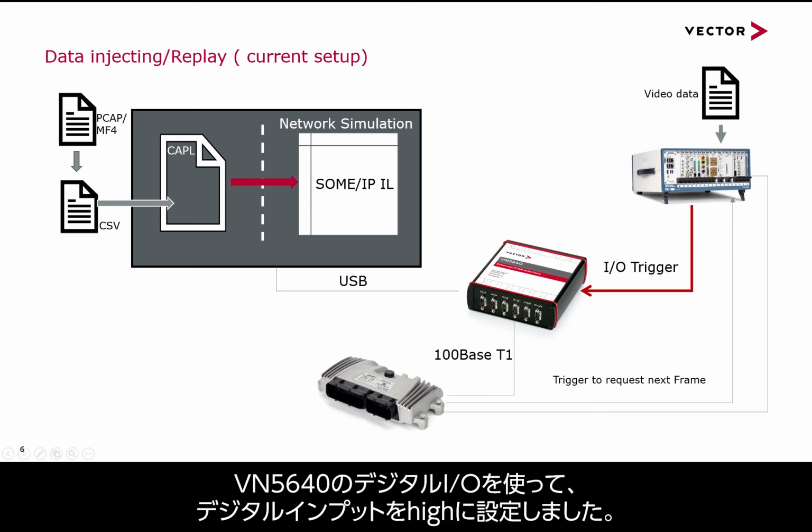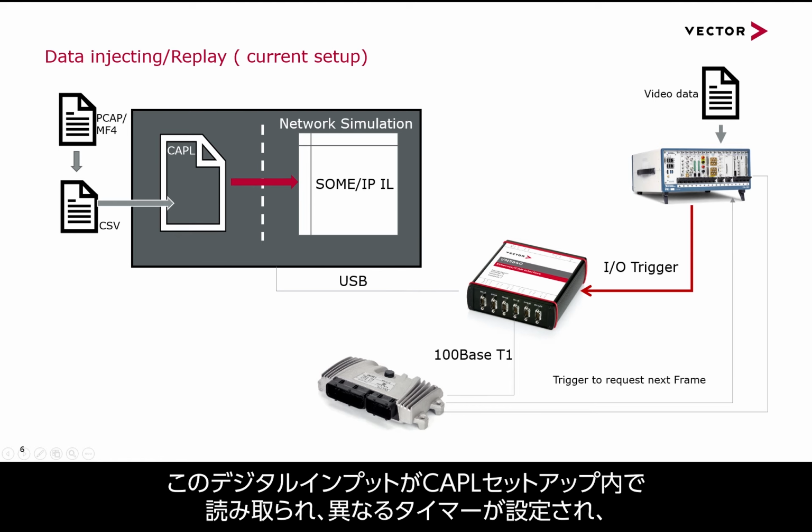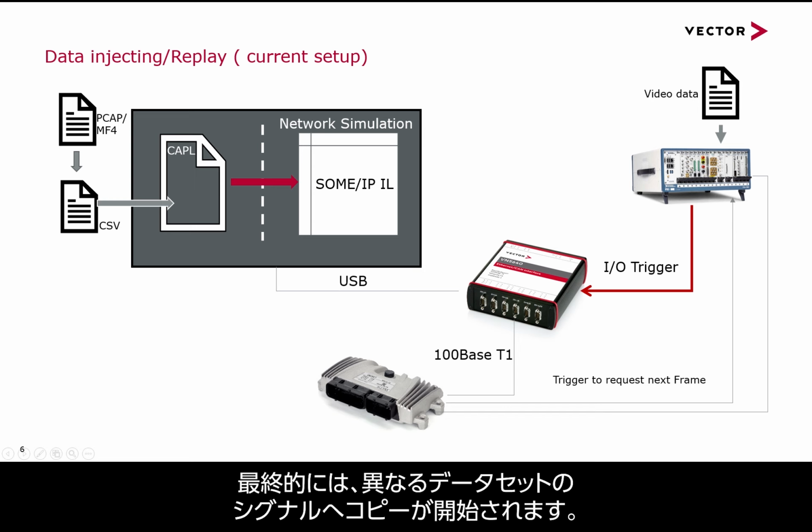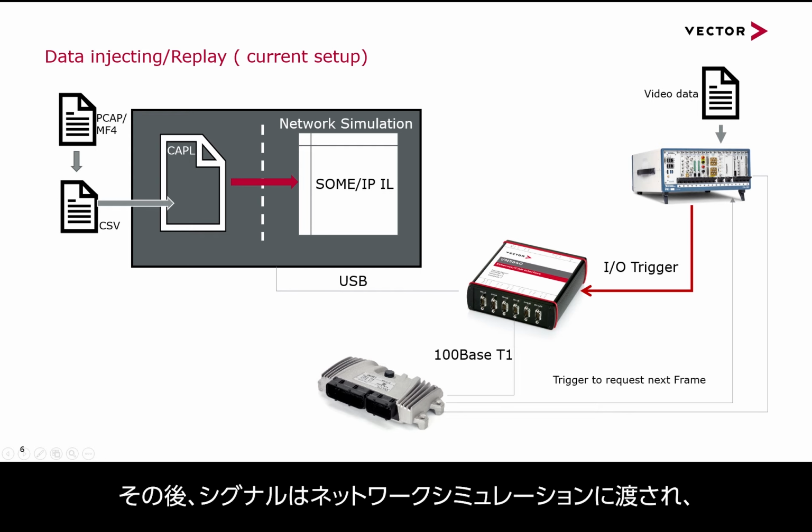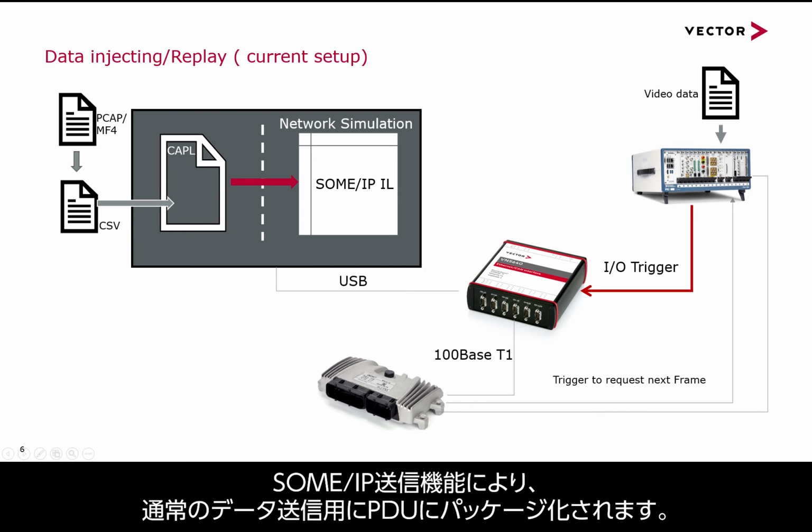So the NI setup would set this digital input to high, which would then be read within the CAPL setup, and this would set a number of different timers, which would ultimately start copying the different data sets into the signals. Signals are then handed over to the network simulation, which are then packaged, of course, into the PDUs by the SOME/IP interaction layer for the normal data transmission.